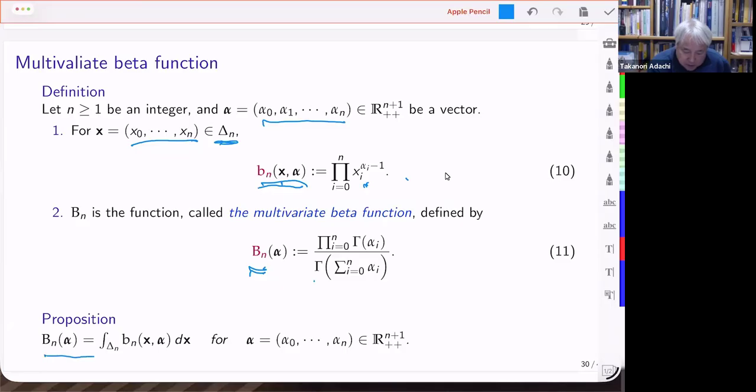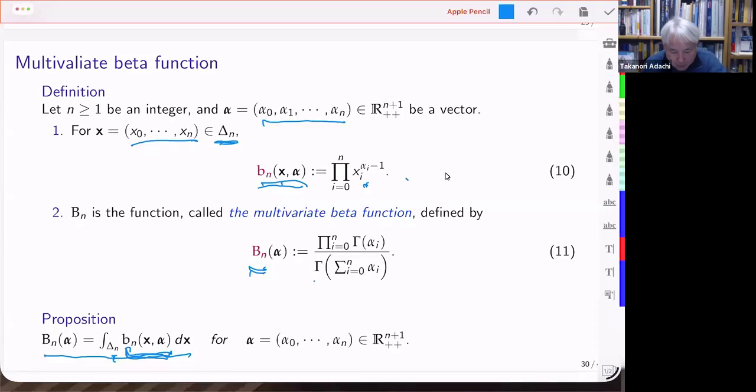And we have these equations. This is well known, B_n of alpha. This multivariate beta function can be represented by this integral representation, integrating over the whole simplex Delta_n. We can have these.